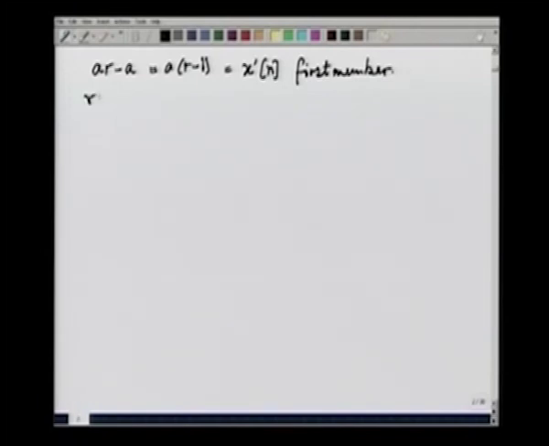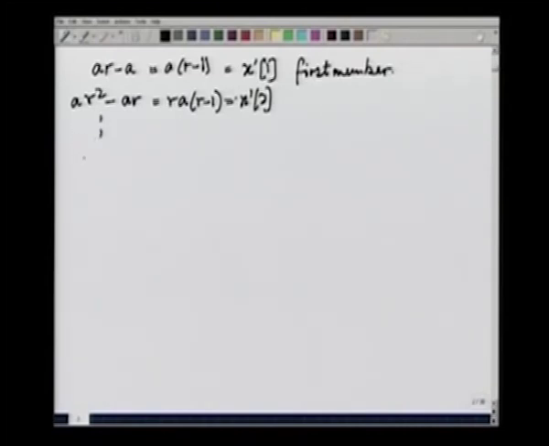Second, a r squared minus a r, this would give us r times a times r minus 1, second member. So, this is actually x dash, this would be the first member we could simply directly write as x dash of 1, x dash of 2.